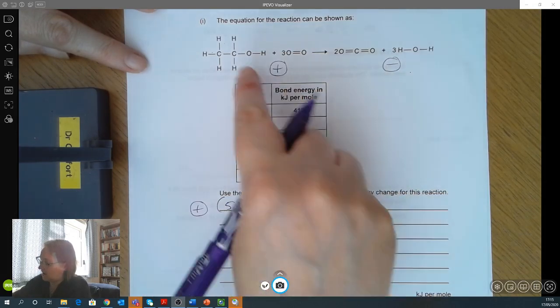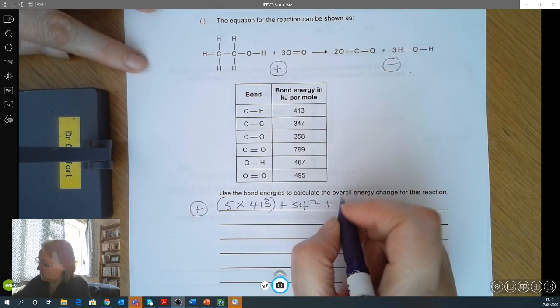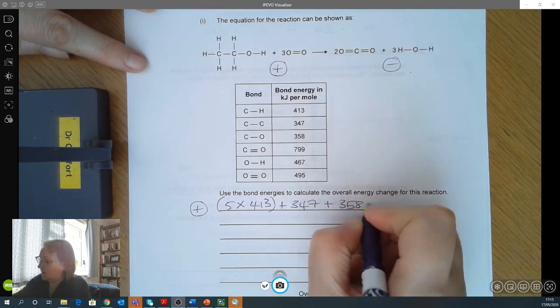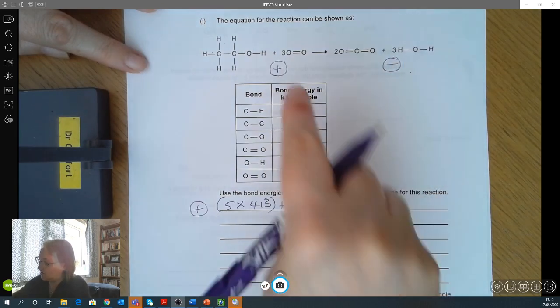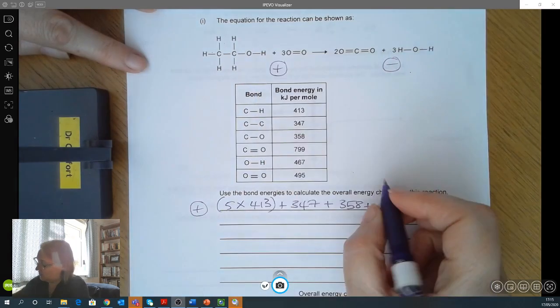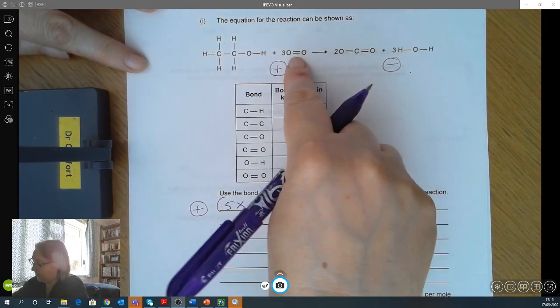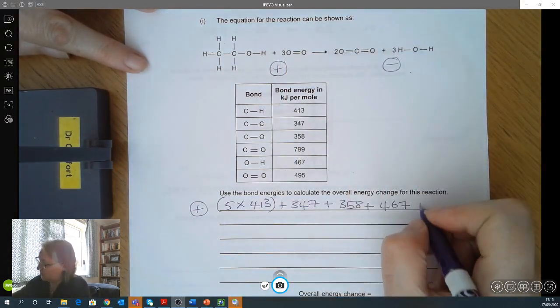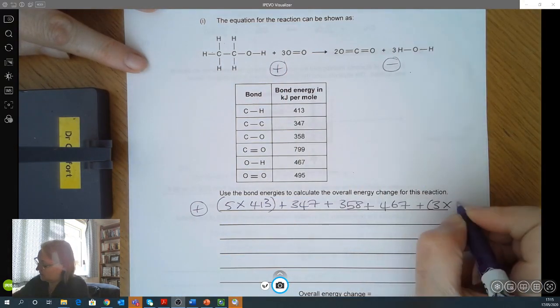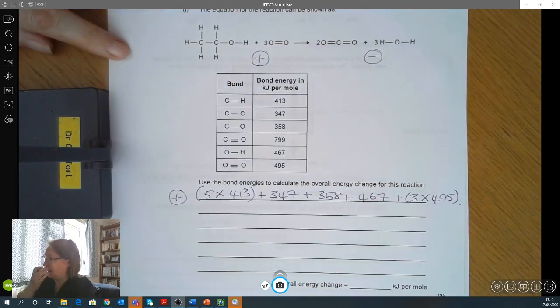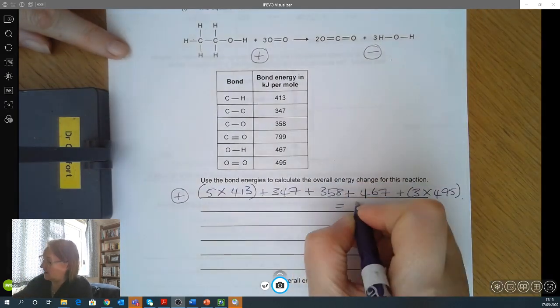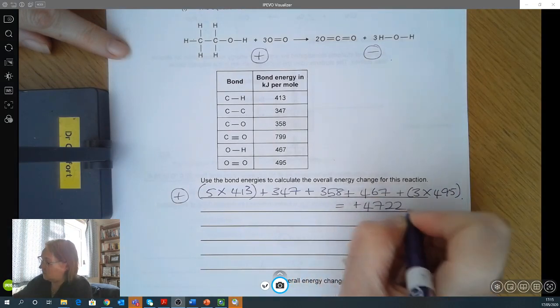I've got a C-O bond, and I have got an O-H bond, and I've got 3 O=O double bonds. Okay. So if I add all that together, I get 4722.